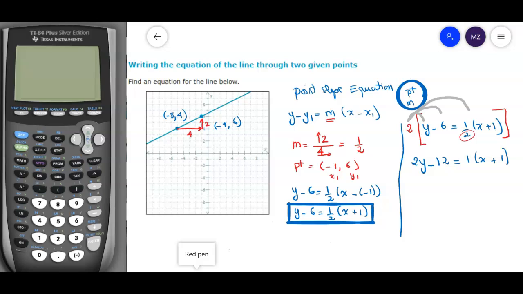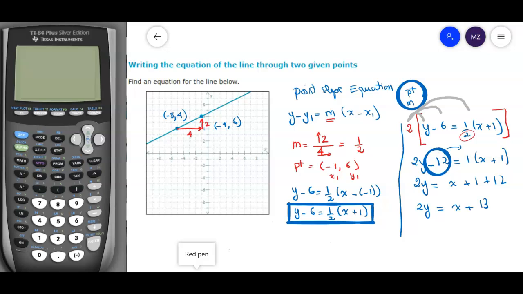Now I'm solving for y, so 2y equals 1 times x, that's x, plus 1 times 1, that's 1, and then I move the minus 12 to this side, so it becomes plus 12. I end up with 2y equals x plus 13.